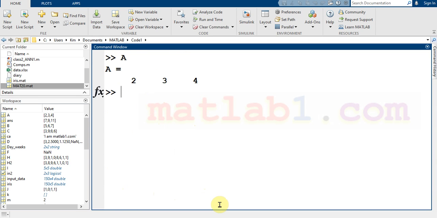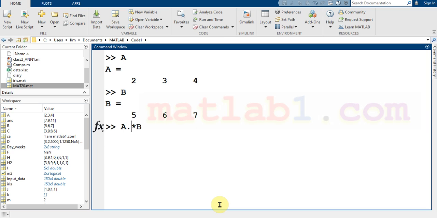Or you can use multiplication, but multiplication in MATLAB is a matrix multiplication. For matrix multiplication, the number of columns in the first matrix must be the same as the rows of the second. We cannot use A times B here, but there is a special multiplication in MATLAB that we can use.